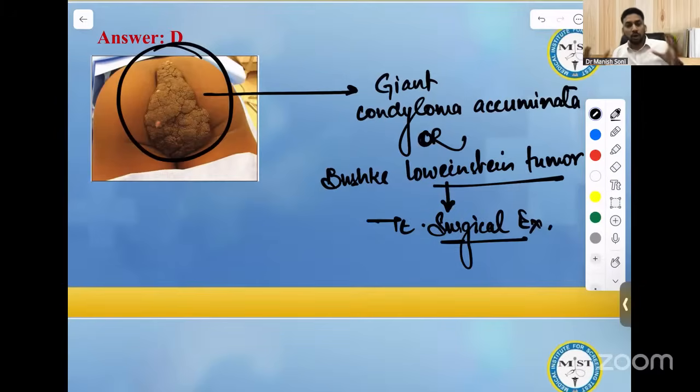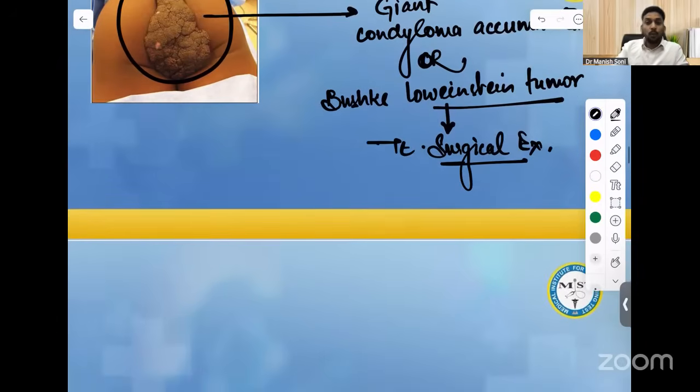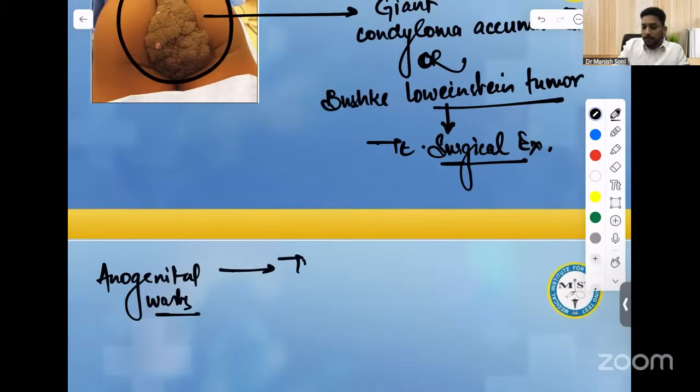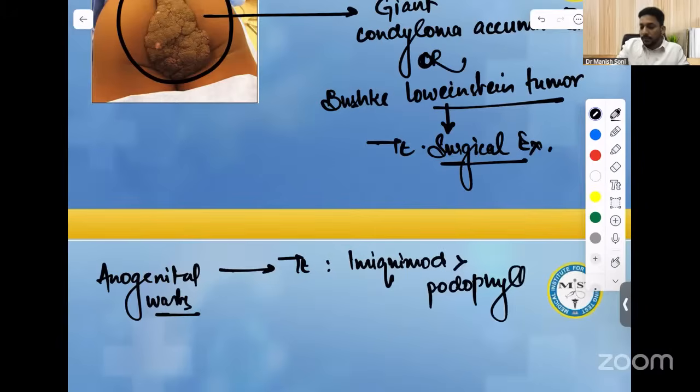But when it is not so large, that is anogenital warts, what is the treatment? Treatment is imiquimod. If imiquimod is not given, then podophyllotoxin. Both are teratogenic.